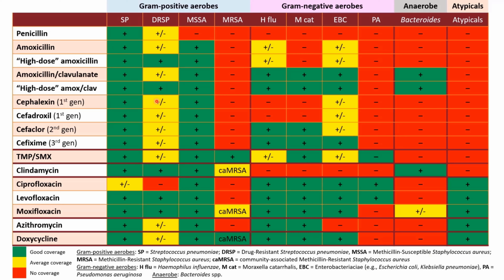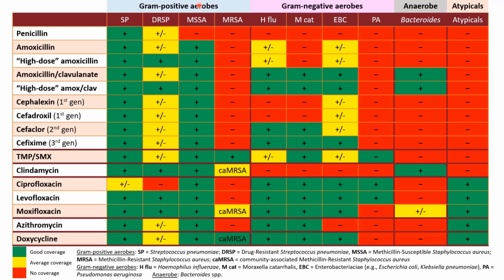But pretty much first, second, and third generation oral cephalosporins do not have good activity against drug-resistant strep pneumo. The same with trimethoprim sulfamethoxazole, it is not good against drug-resistant strep pneumo. And macrolides and tetracyclines also do not have good activity against drug-resistant strep pneumo.